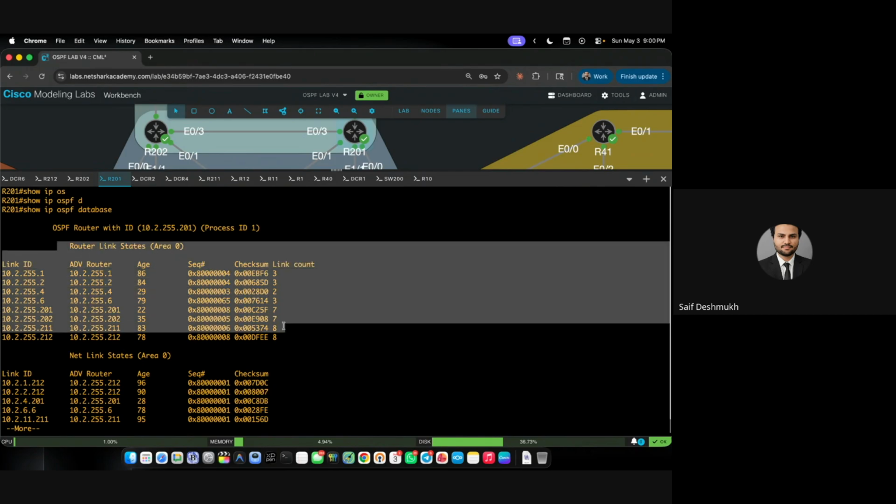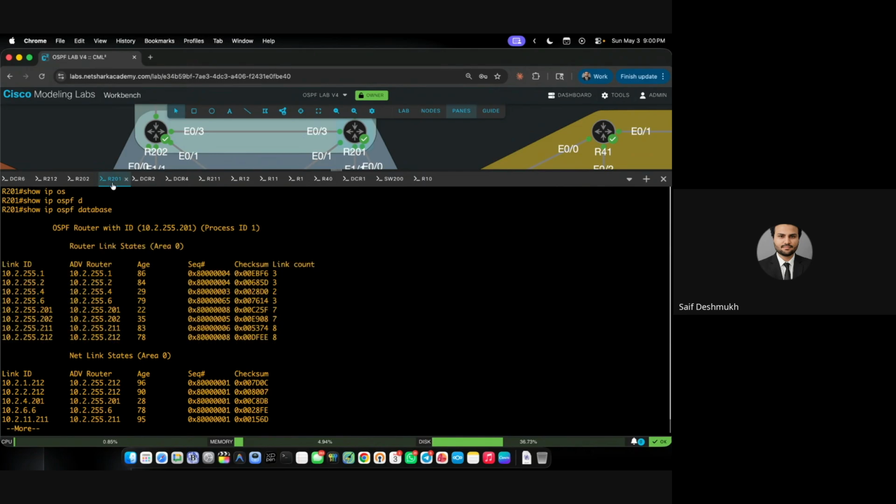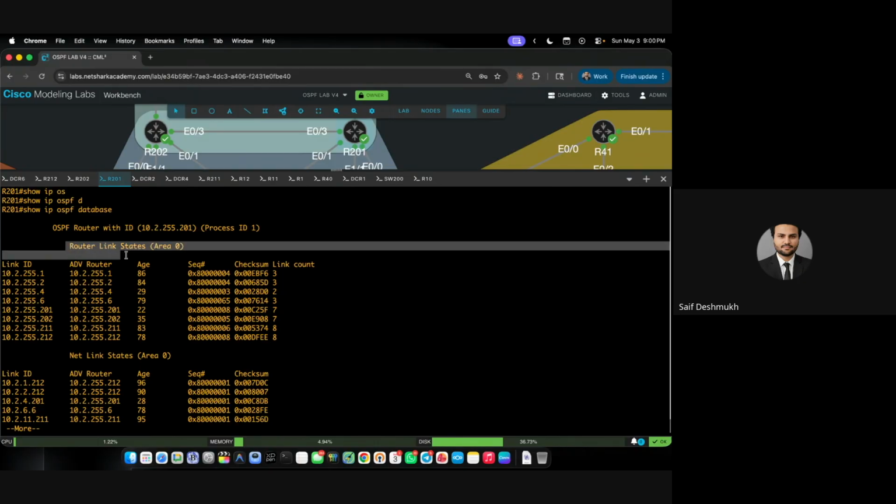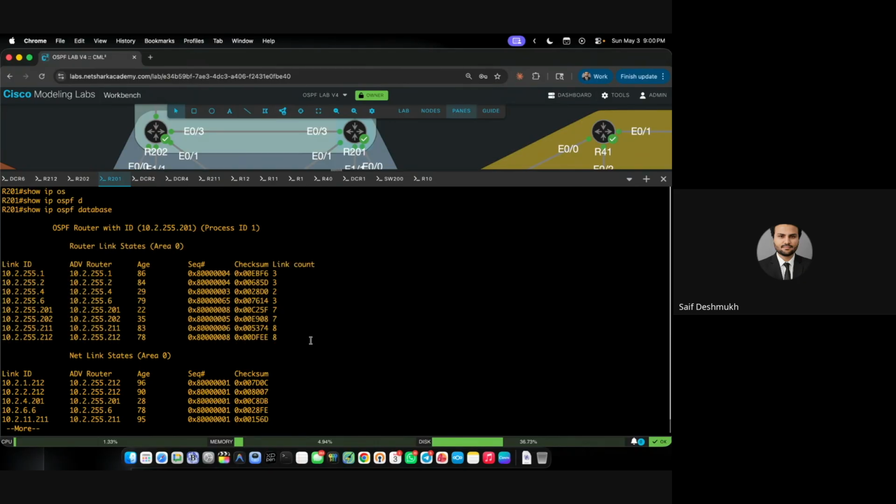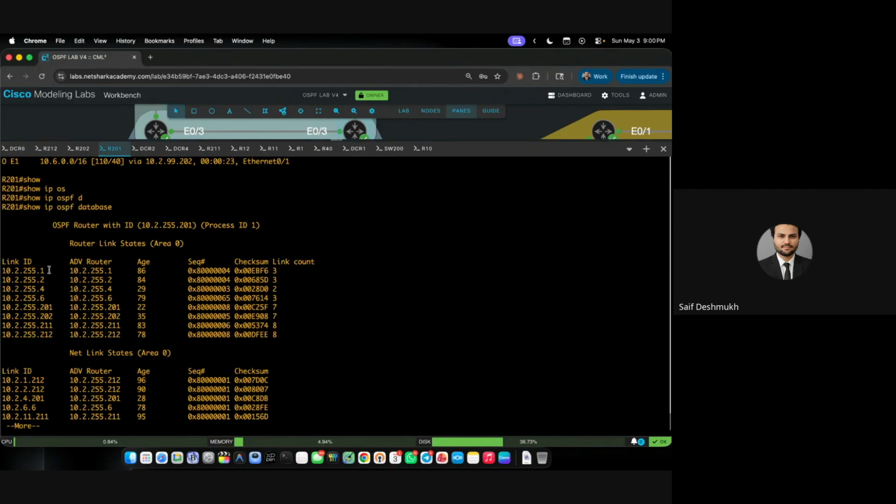So if 201 was in area 1, let's just say, not an ABR, not in area 0, you would only see the router LSAs of area 1. By looking at the router IDs, or here, link ID means different things in different LSAs.